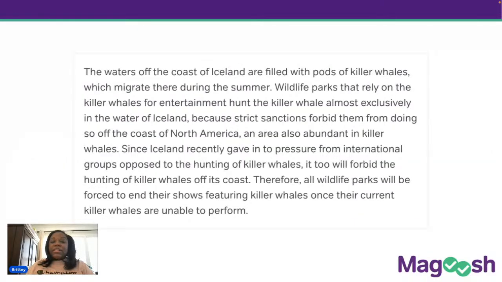All right, now let's look at our passage here. I'm going to pause just in case there are some people who are live that want to read this to themselves for a bit. I know sometimes I learn a little better when I'm able to read something to myself. So I'm going to give everyone a few seconds to skim through this and read it on your own.